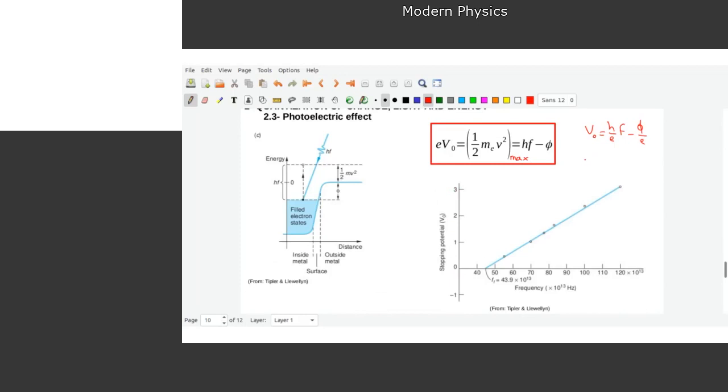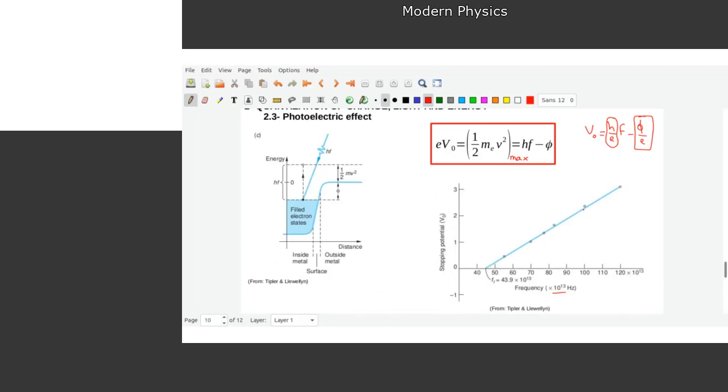Actually, you will see that we use electron-volts, I will talk about it soon. So you have V0 as a function of the frequency of the light. This is a constant, the Planck constant over the elementary charge, so what you have is a straight line.